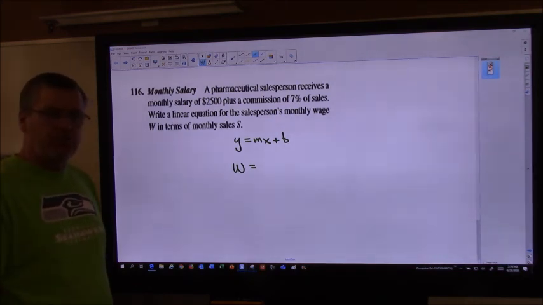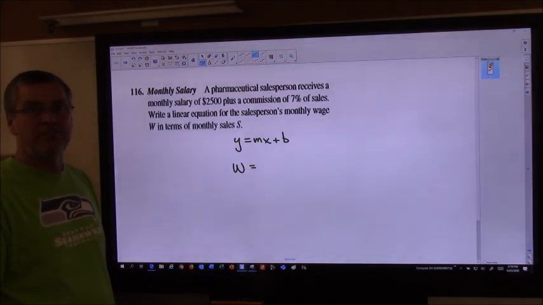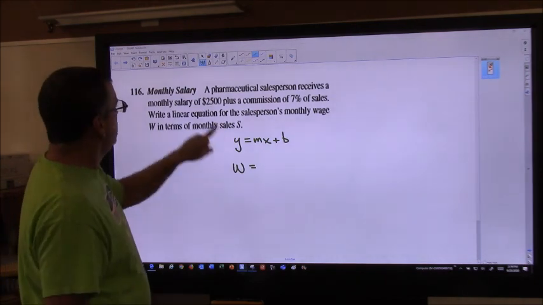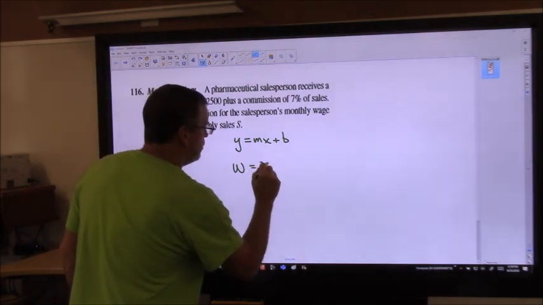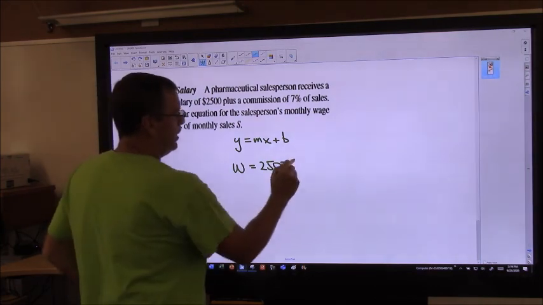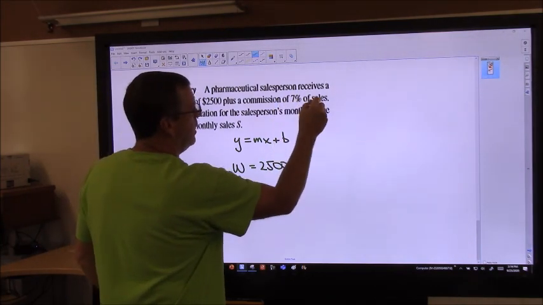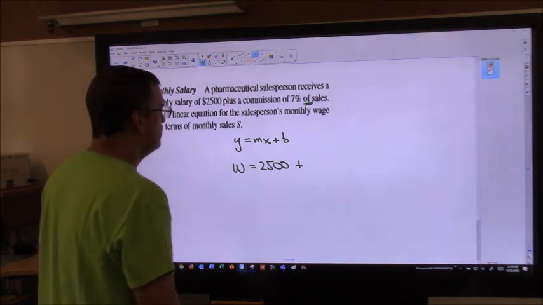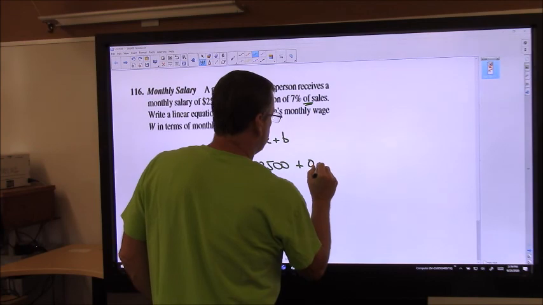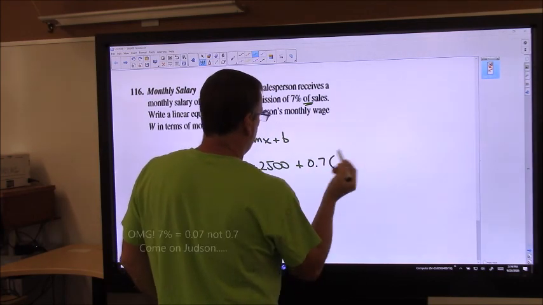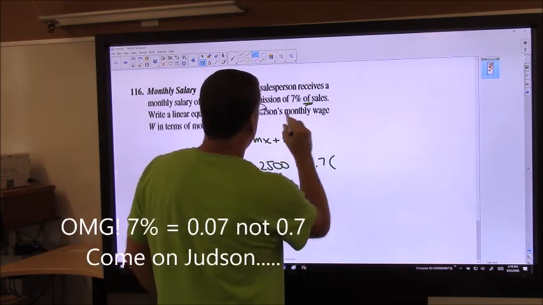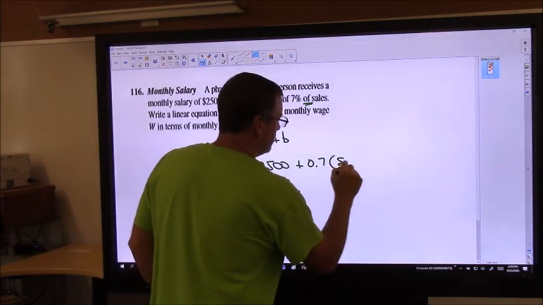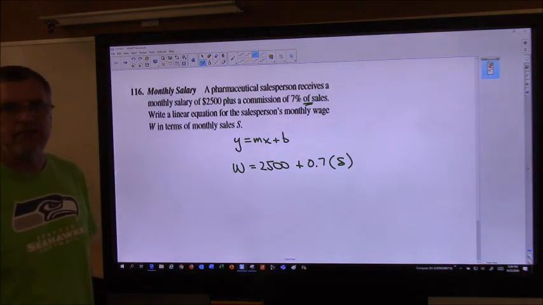So if this seems really easy, it is. I'm going to take that European approach. My wage is, I start with $2,500 every month, plus I get 7% of, that word of means to multiply. So 0.7 times whatever I sell, which they want us to use sales S. I can't stand the variable S because a lot of times it looks like a 5, right?